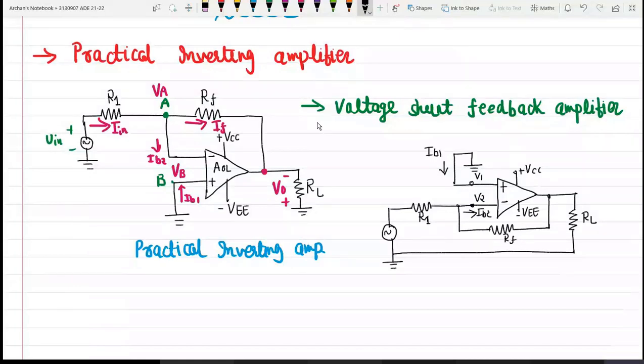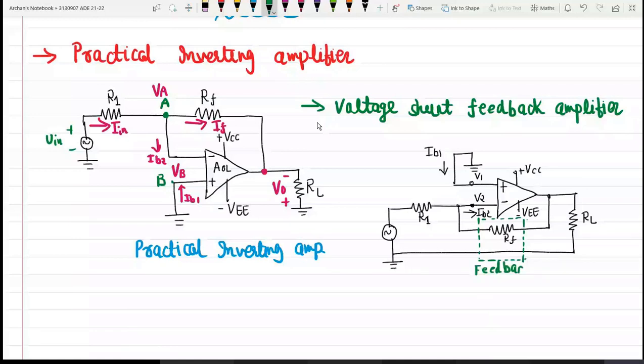Now here you can see the feedback circuit. This one with the green dotted line forms the feedback circuit.